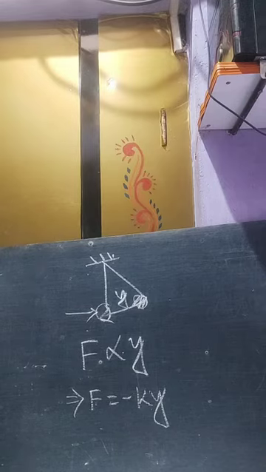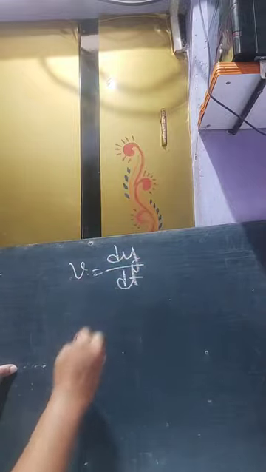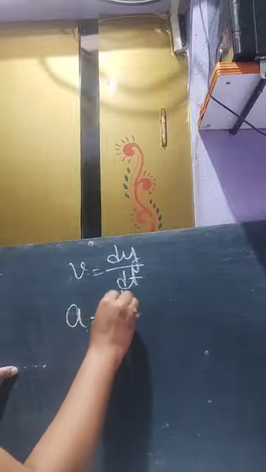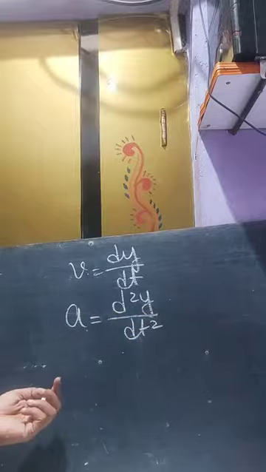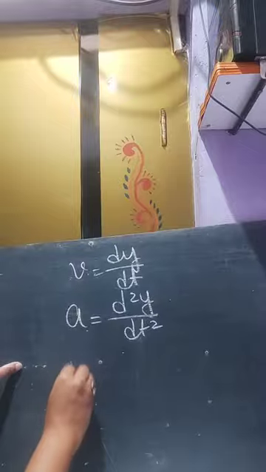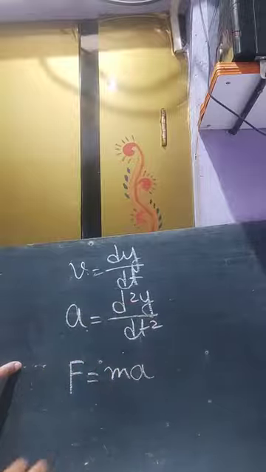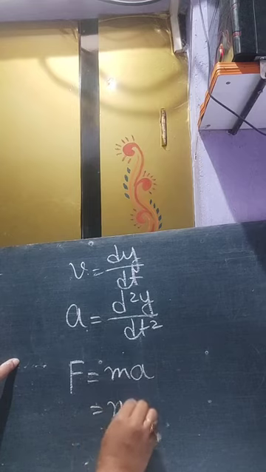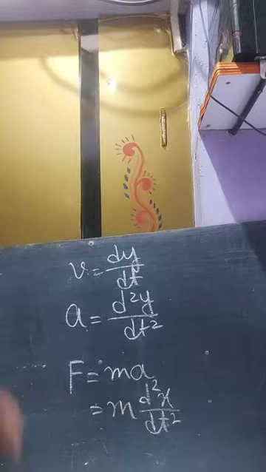Now, what is velocity? Velocity is dy/dt, and acceleration is defined as d2y/dt squared, the double derivative. According to Newton's law, we all know that F equals ma, where a is d2x/dt squared.